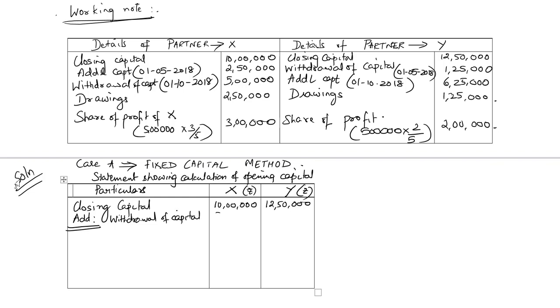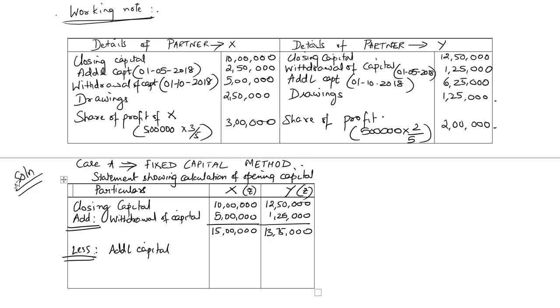Withdrawal of capital for X is rupees 5 lakh and for Y is rupees 1,25,000. The answer, rupees 15 lakh for X and rupees 13,75,000 for Y. We'll go ahead and subtract the additional capital introduced.